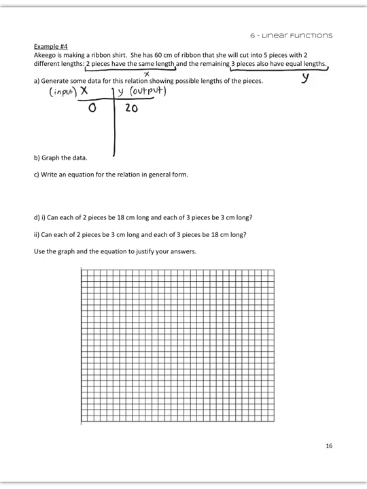Now, I also know that if those 3 pieces are cut at 0, aka we don't cut them, the other 2 pieces must have a length of 30. You might be able to guess this last one, or you would have trialed and errored, but if these 2 pieces have a length of 15, that means I've used 30 centimeters of my ribbon out of my 60. I have 30 centimeters remaining, divided by 3 equal pieces is 10.